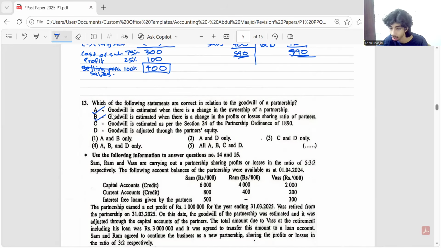That is also correct. Goodwill is estimated as per section 24 of the Partnership Ordinance? No, section 24 of the Partnership Ordinance doesn't give any statement connected to goodwill. Then D, goodwill is adjusted through the partners' equity. Yes, right. The goodwill amount we are adjusting through the partners' capital accounts. That's equity. So A, B, and D are the correct statements. Answer number 4.